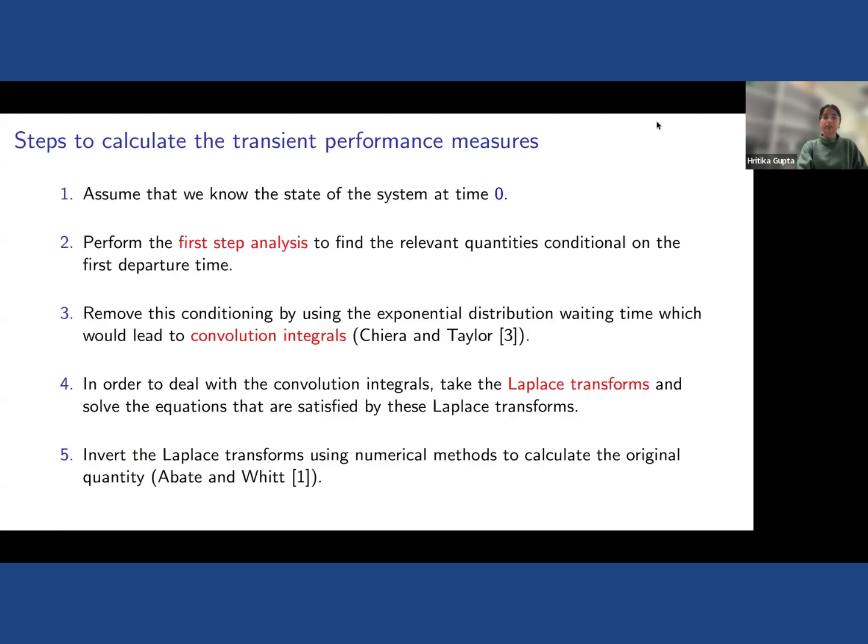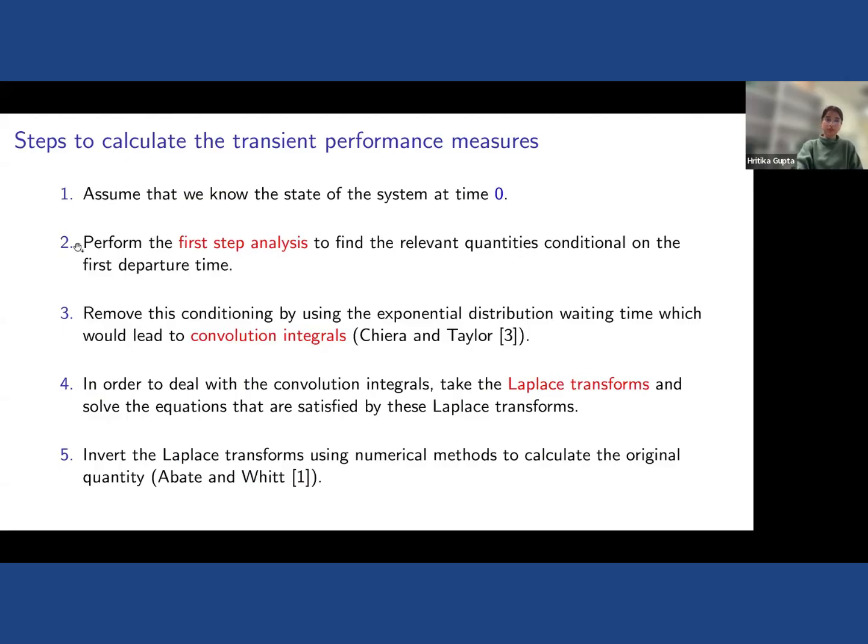I briefly discuss here the steps that I use to calculate the performance measures for these policies. I will not go into the details of it, but just a brief methodology on how I can calculate the transient performance measures for reservation policies. The first step is to assume that we know the state of the system at time 0.